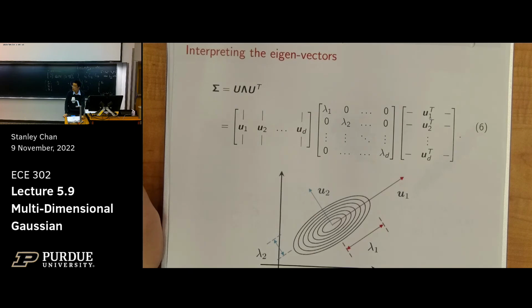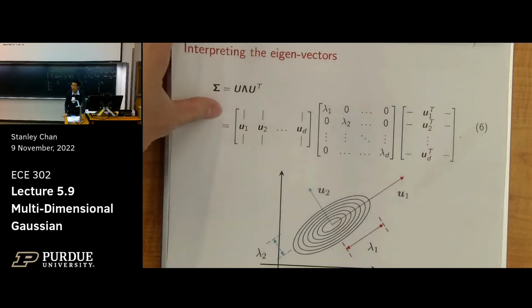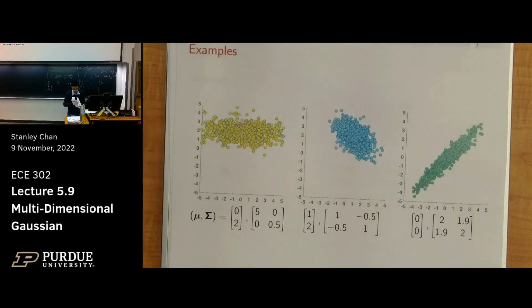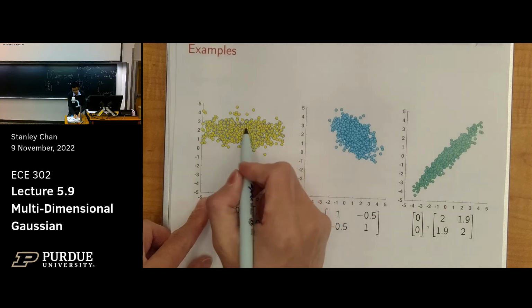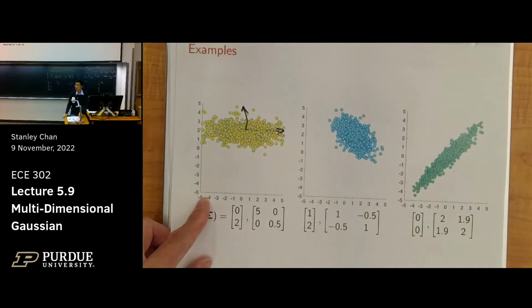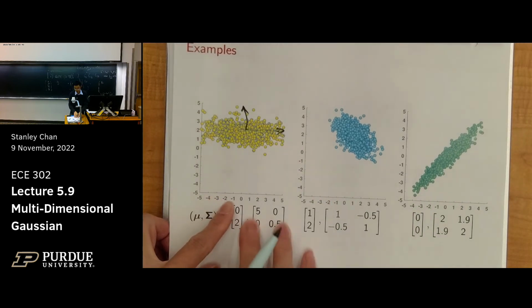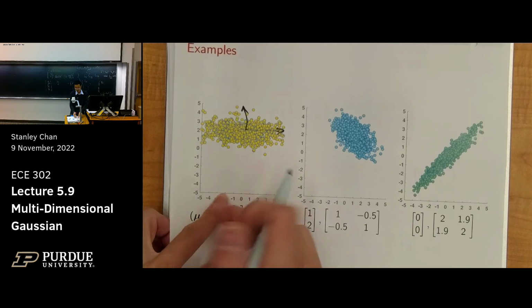Okay, so now you look at a 2x2 matrix and you ask, what should be the orientation, and how big and how small is it? Do this eigendecomposition, then you can plot it out. You can see how big and how small it is. And therefore, if you look at this example here, you can see why this is 5.5. Well, because this is 5, this is 0.5. And the two eigenvectors are just orthogonal vectors.